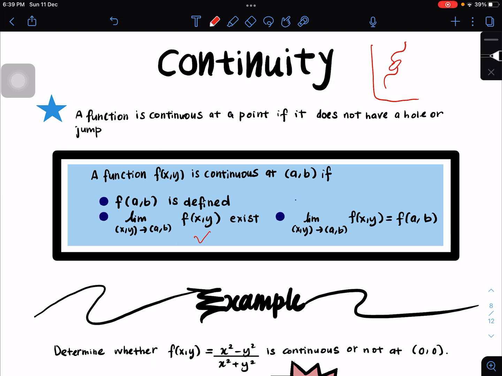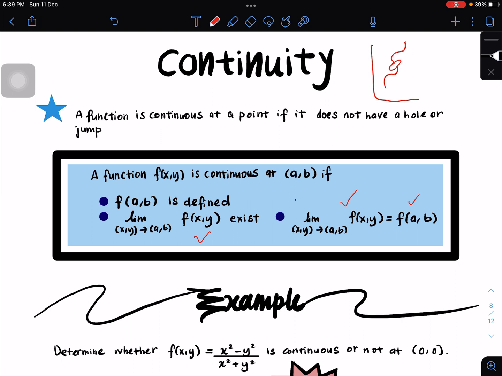Then we need to choose two paths to show whether this limit exists or not. So the limit needs to exist, the function needs to be defined, and we need to show the third condition, where the value of the limit and the value of the function at (a, b) are equal. Then we can conclude that the function is continuous.